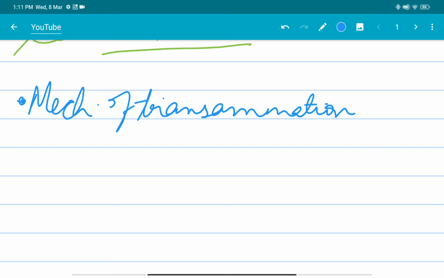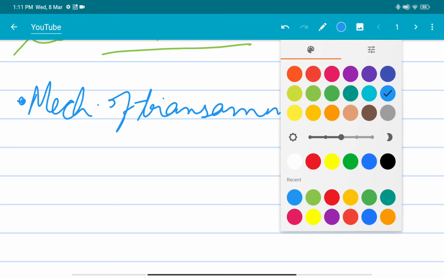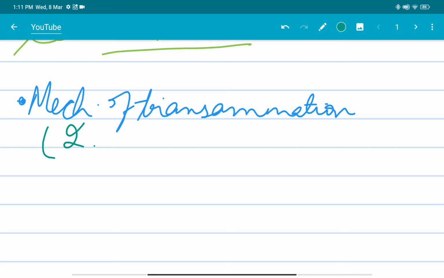The transamination process will take place in two steps. Number one is the attachment of the amino group with the PLP, that is pyridoxal phosphate, and to convert it into pyridoxamine phosphate. What is the first step?